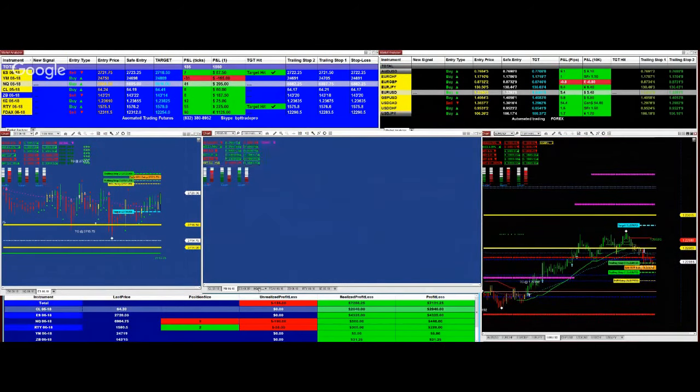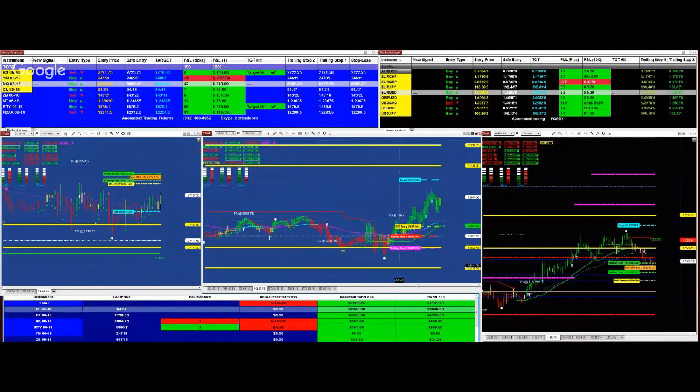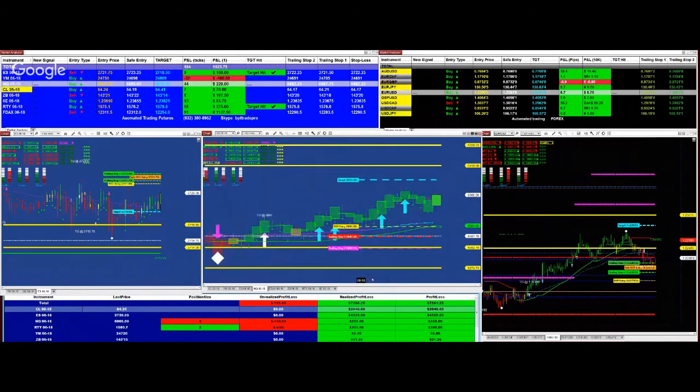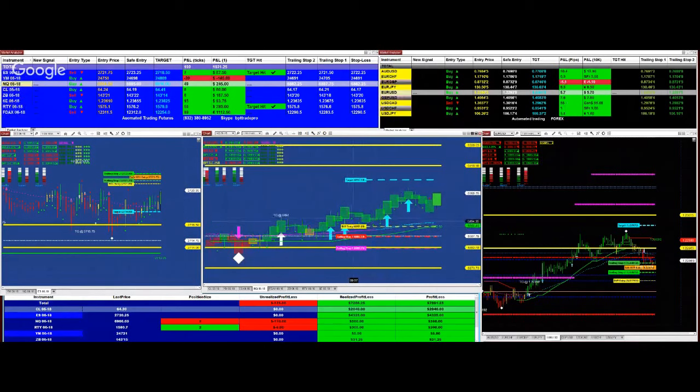So let's look at the Nasdaq right now. I'm going to try to make it as big as I can so you can see it. If we look at the Nasdaq, we have a buy entry, you can see it from the market analyzer.